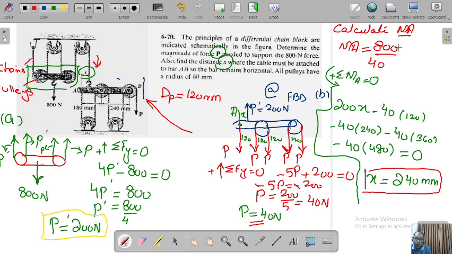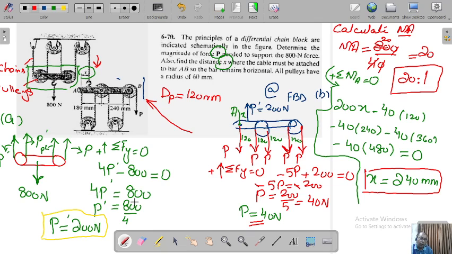So 800 divided by 40 gives 20. Your mechanical advantage comes out in the ratio of 20:1. This is the mechanical advantage of this system.